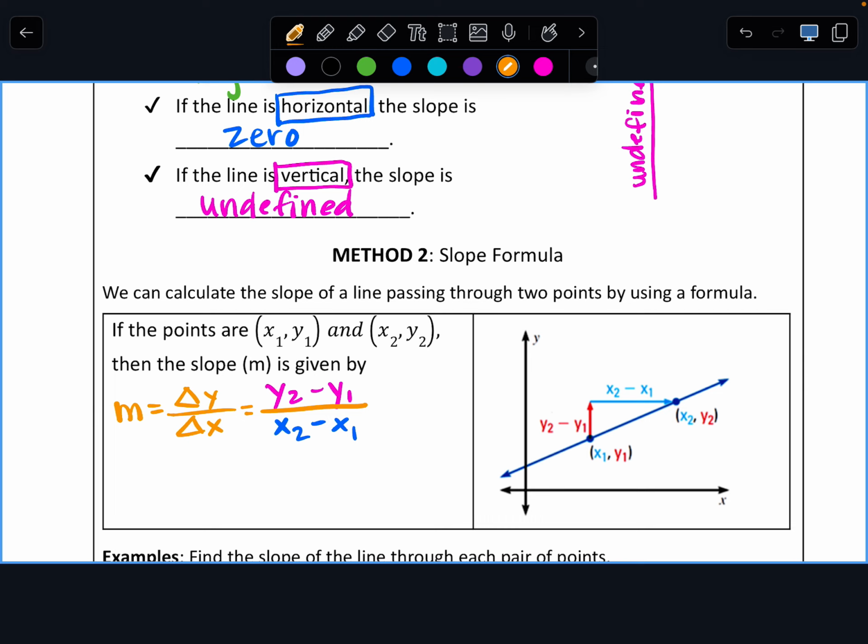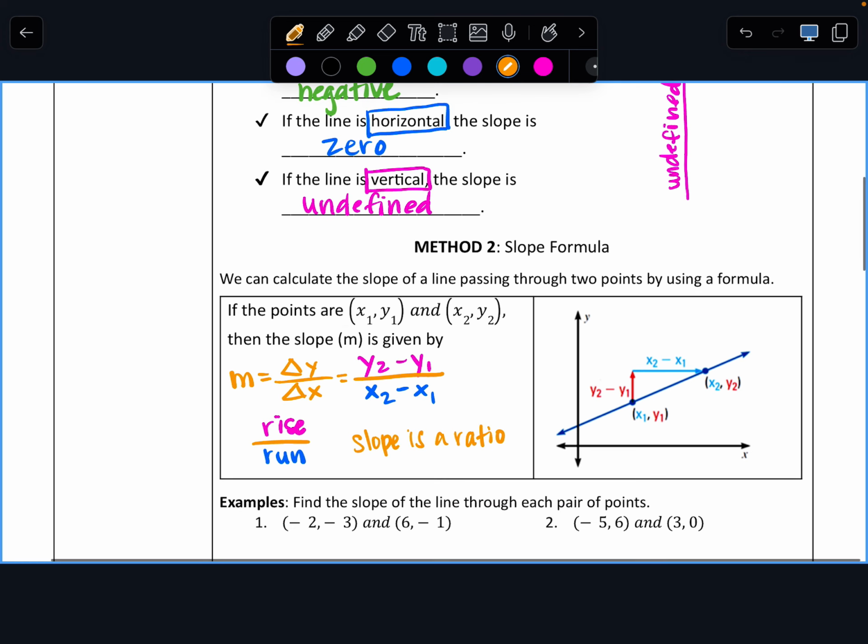So you should end up with a slope where you have the rise over the run. Slope is a ratio of the rise and the run.